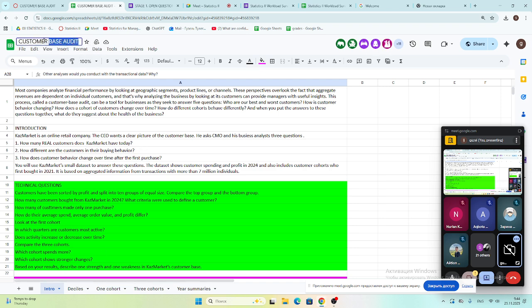If you're slightly confused, you can look up the customer base audit. There are articles on Harvard Business Review. Basically, you only use descriptive statistics. It's unashamedly descriptive, but it's also very powerful.